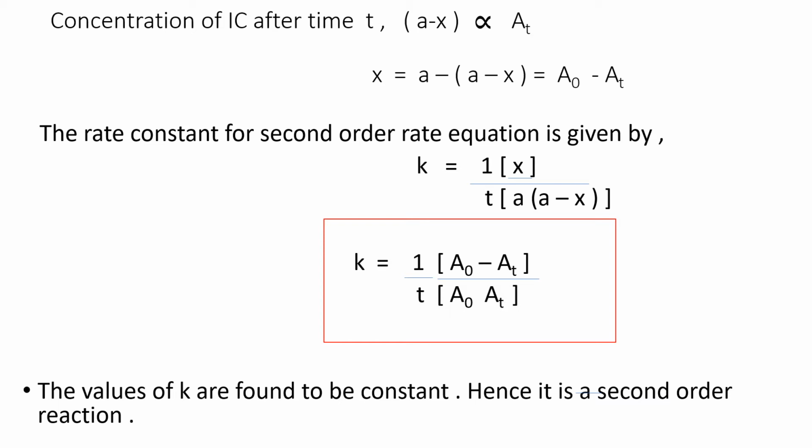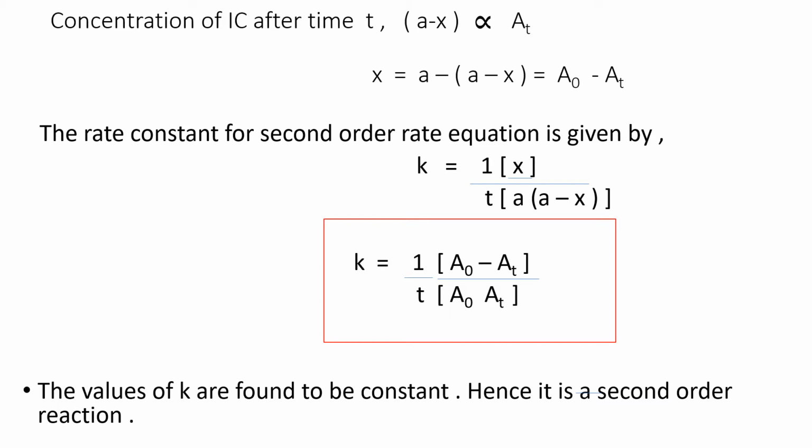Then the final concentration of A at time t will be A minus X. That is, before the reaction the initial concentration of the reactant is A, and when the reaction takes place at time t, X amount of reactant is utilized. So you will get A minus X, and it is proportional to AT, that is absorbance at time t.